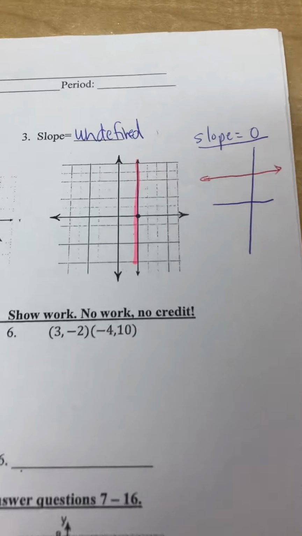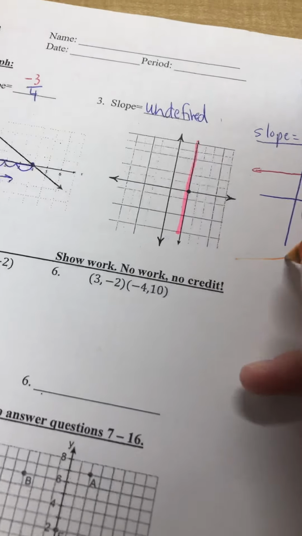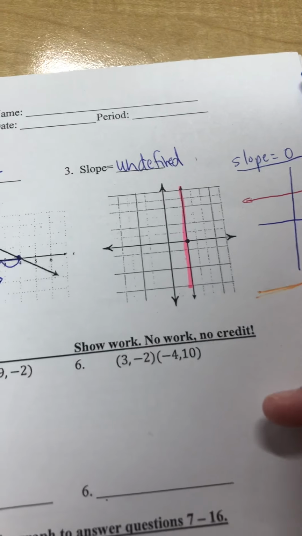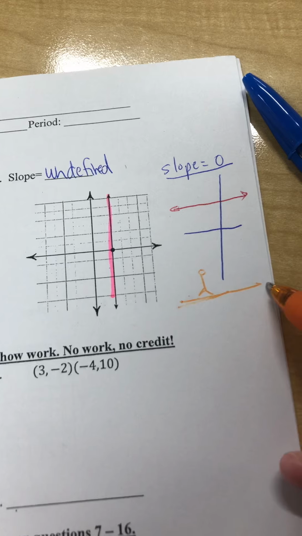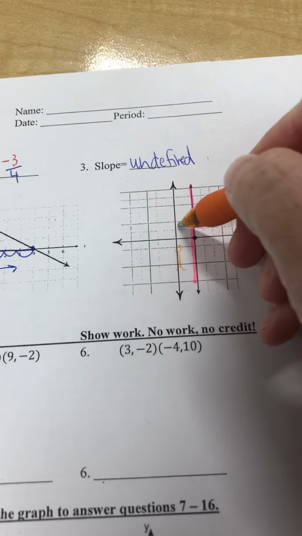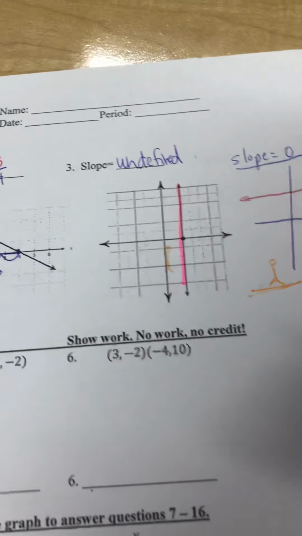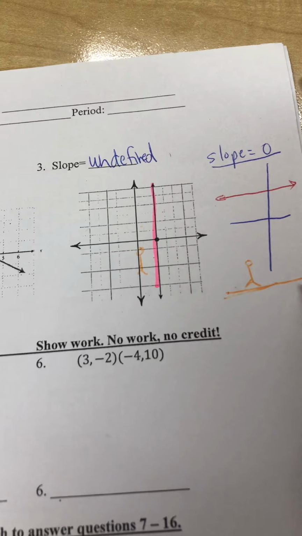The way I teach that is it takes no effort at all to walk like this, right? 0 slope, no effort, no problem. But we cannot just walk straight up. That'd be so cool if we could just elevate, but we can't. So that is undefined, and this is 0 slope.